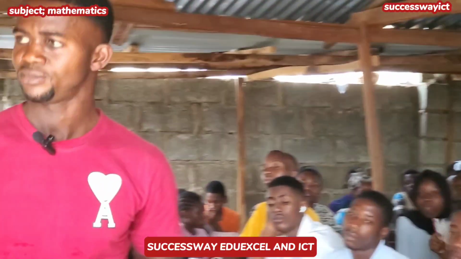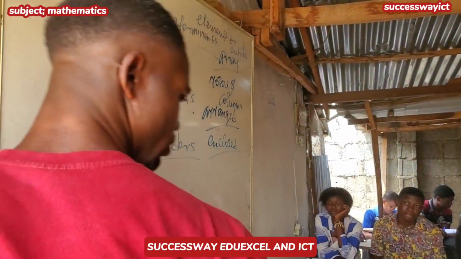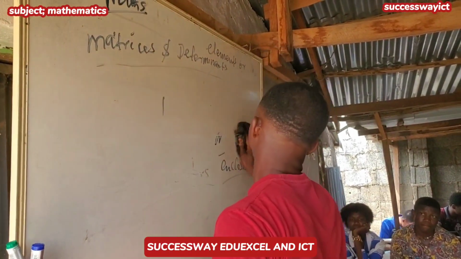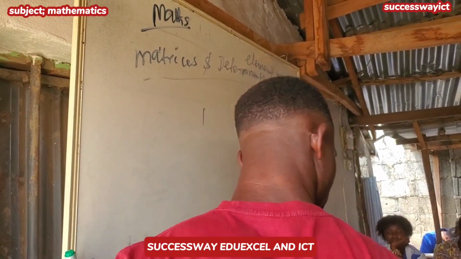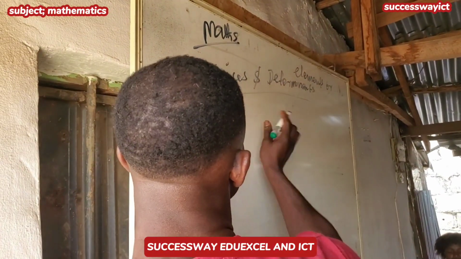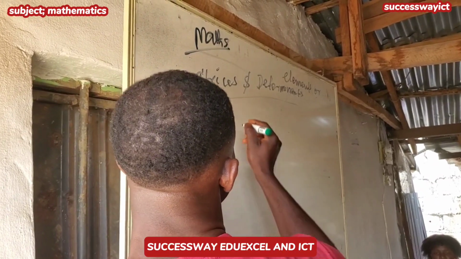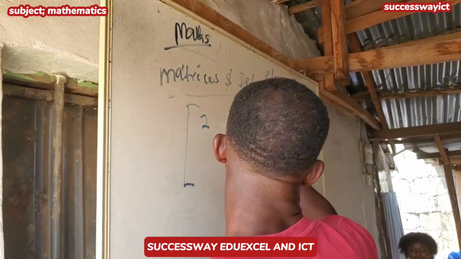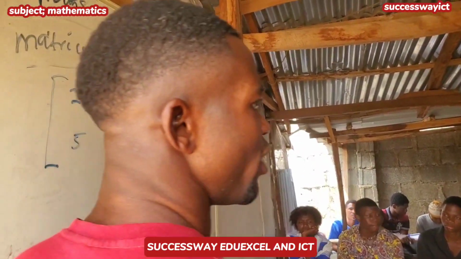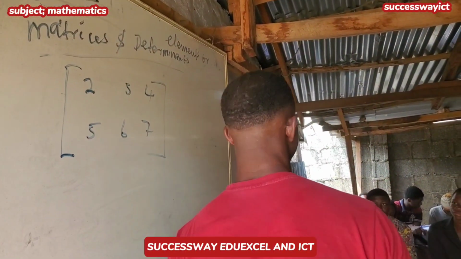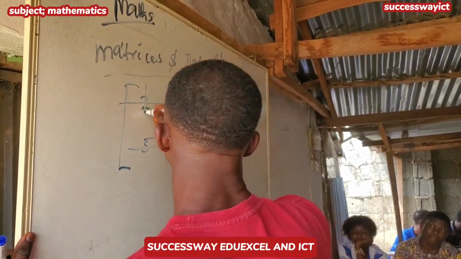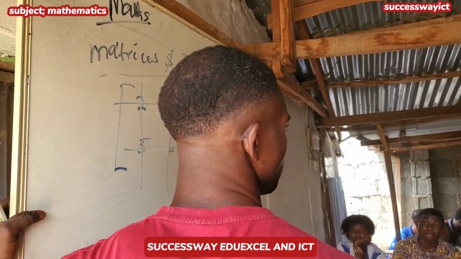For example, if we have number arrangement of matrix like this, 2, 3, 4, 5, 6, 7, in this form, this is the rows and this is what? The columns.